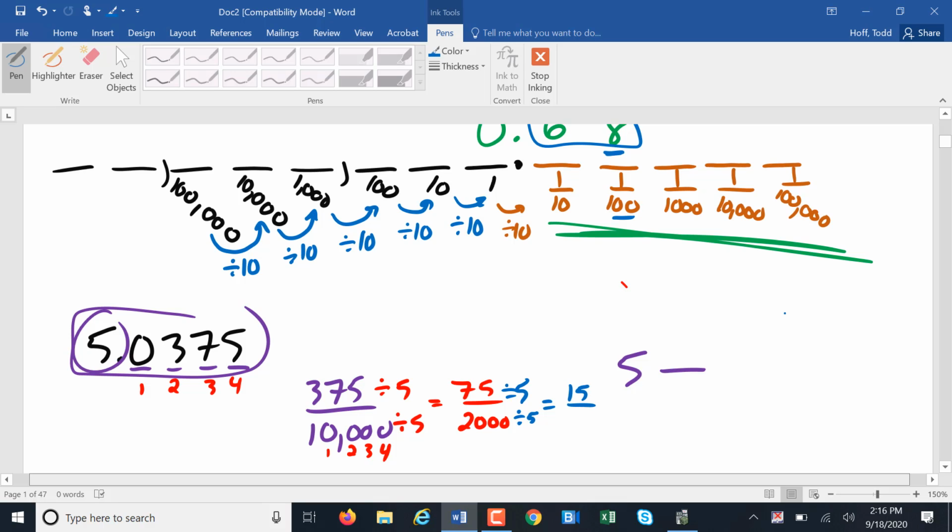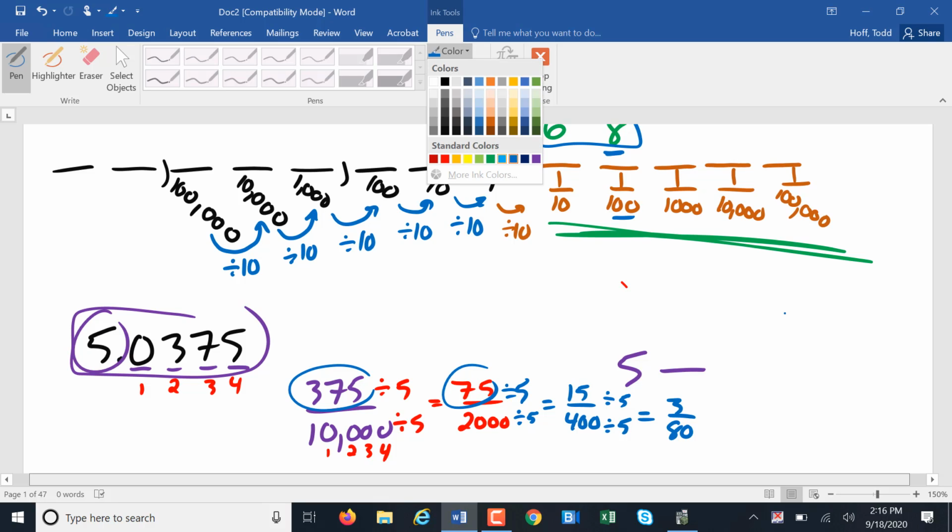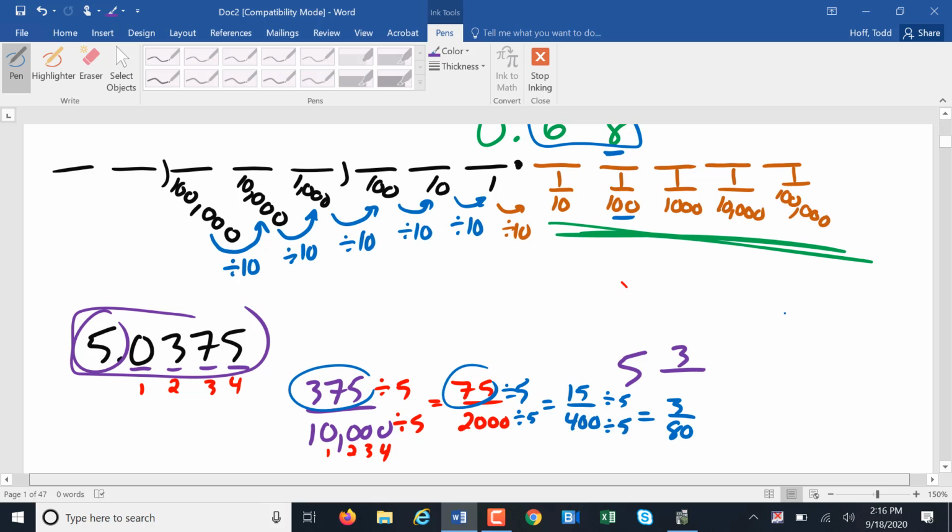So 75 divided by 5 would be 15 over what? 400. And then they can still be divided by 5. That gives us 3 over 80. We could have divided by 25 to get to 3/80. So that is 5 and 3 over 80.